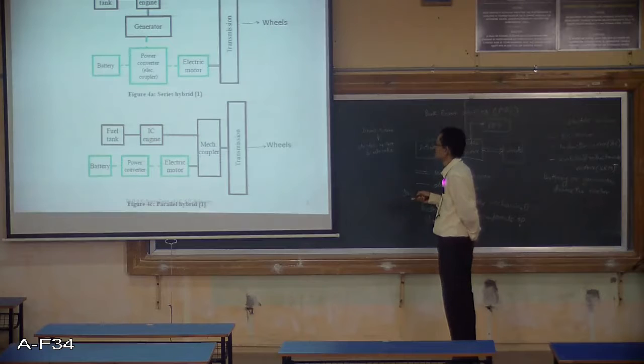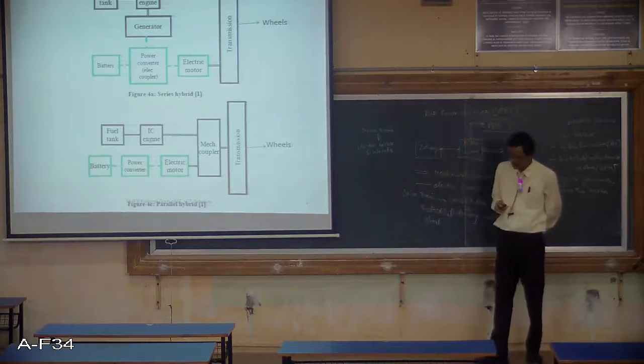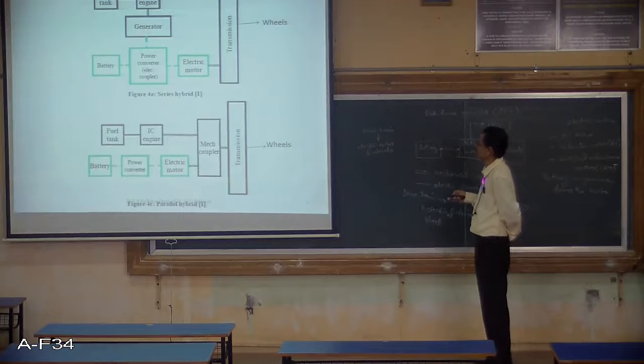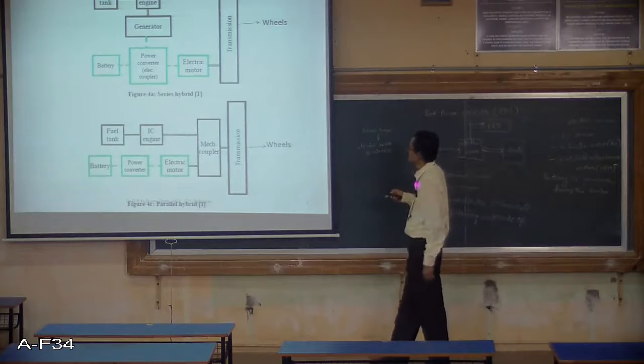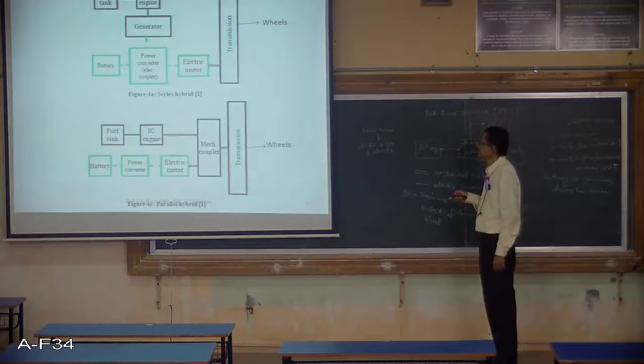In some cases it may happen that the electric motor alone is not in a position to supply the power requirement, or the IC engine is also not able to supply the power requirement. In that case, both of them can be coupled through the mechanical coupler to the wheels.